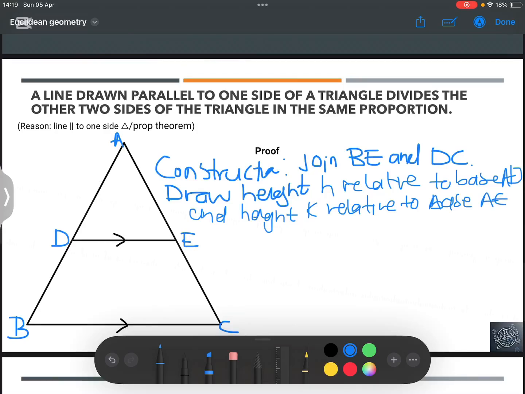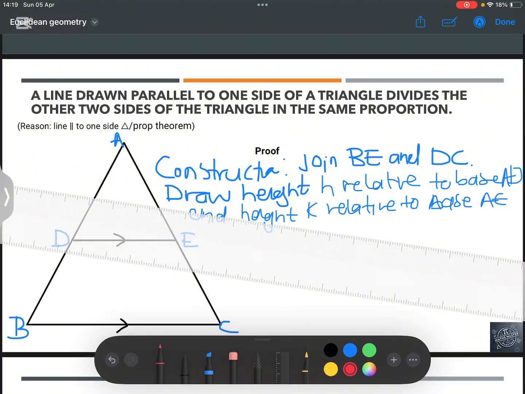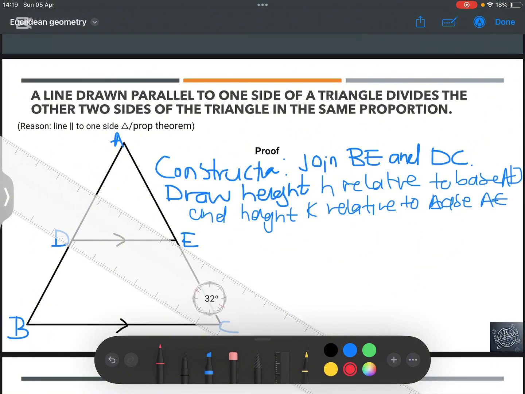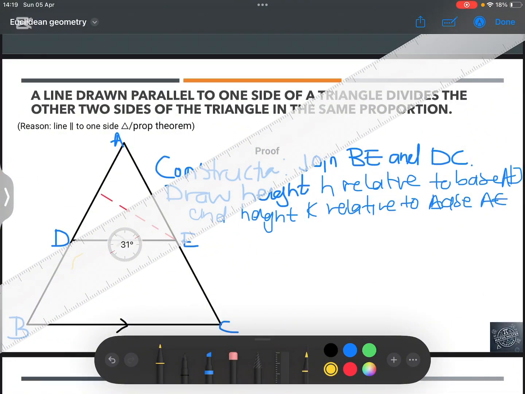Okay, let's now go and construct. We have to draw height H relative to base. Height H relative to base what? Relative to base AD. So we're going to have something of this nature. And then again, we're going to have height K relative to base AE.